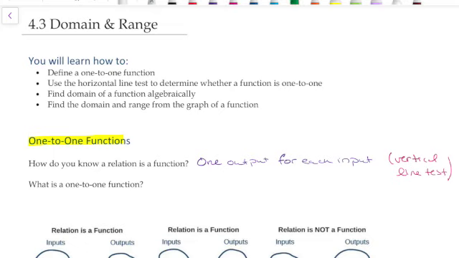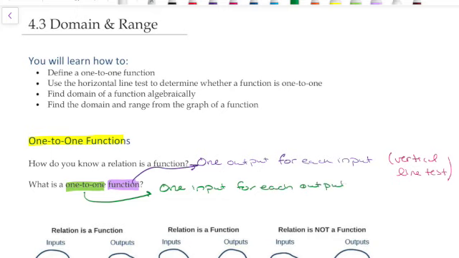All right, so what is a one-to-one function? So a key part of this statement right here is the word function. So we know that it must be this, right? There must be one output for each input, for one thing. But what is the one-to-one portion of it? So the one-to-one portion says, this part right here, means that there is one input for each output.